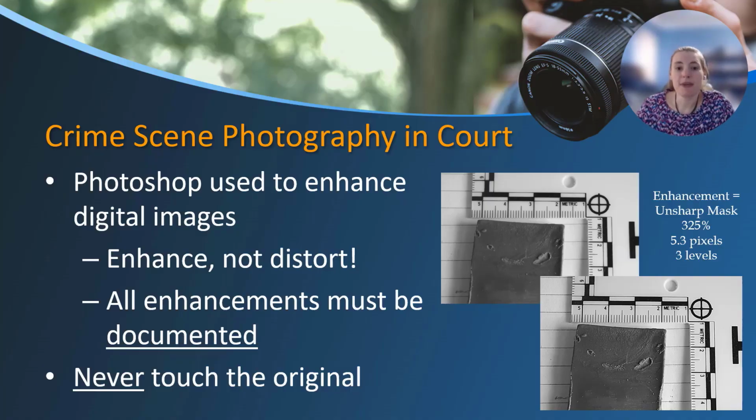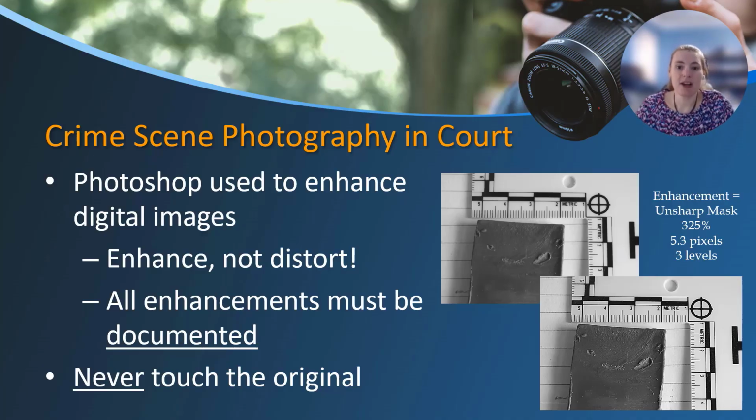First, the image should be copied so that the photographer is not working with the original image. Then the photographer should document each step of the enhancement process, including what settings they changed, what order the alteration was done in, etc., as specific as possible. This creates what we call an enhancement log.